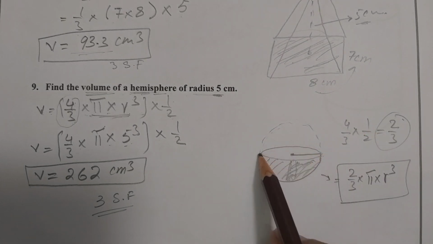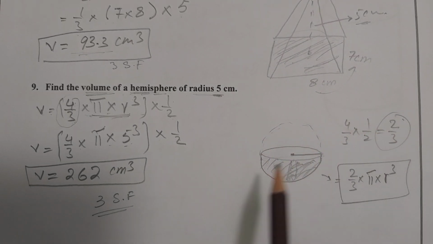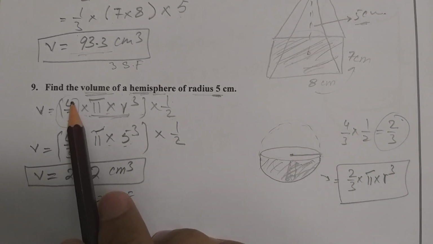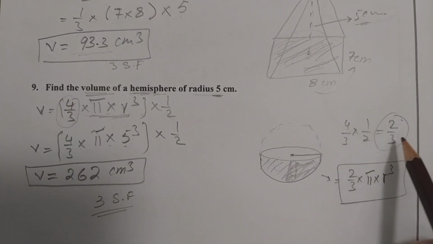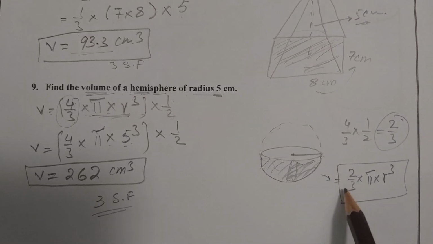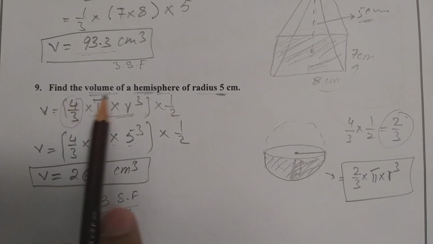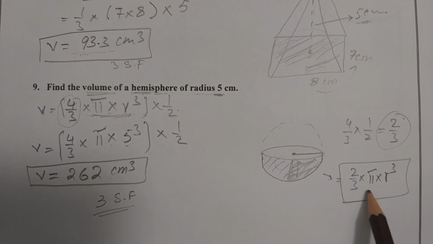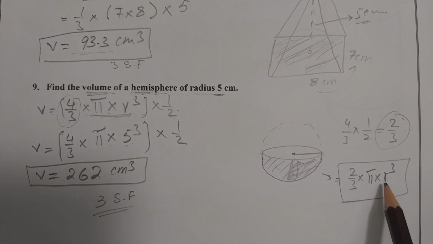Because it's cut from the middle, it becomes the hemisphere. We know the constant value is 4/3, and if we take half of it, it becomes 2/3. So for the hemisphere formula, either you can write the sphere formula and multiply by half, or you can directly write 2/3 times pi r cubed.